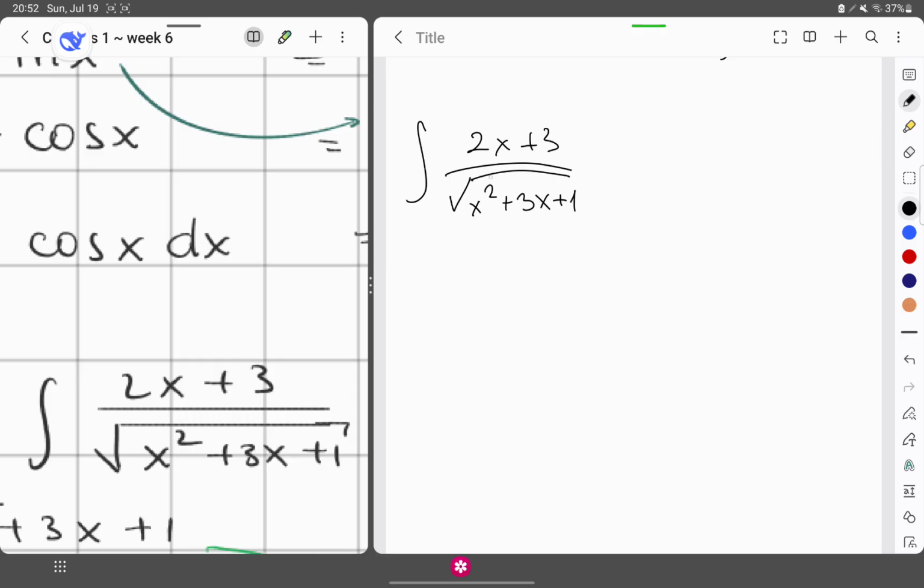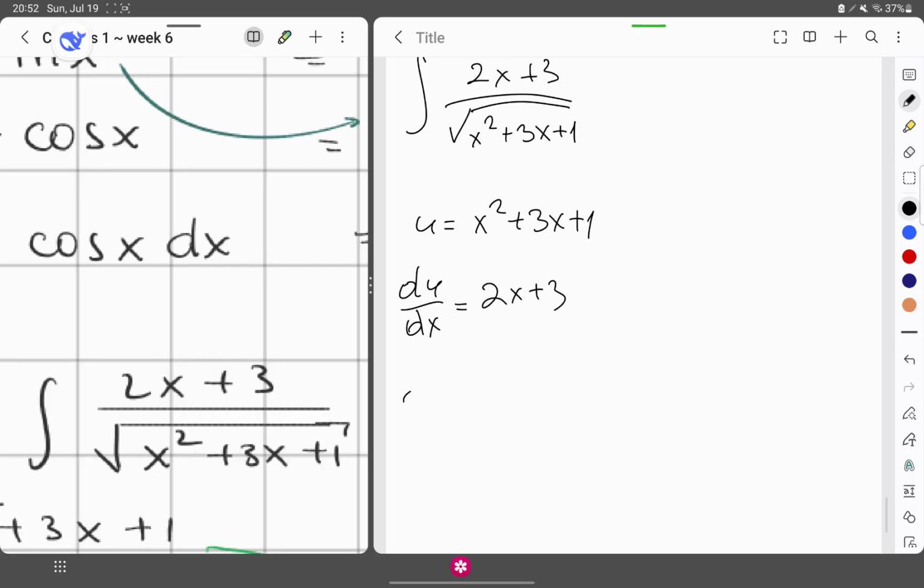So u will be x squared plus 3x plus 1, and du over dx, the derivative of this, will be 2x plus 3, so du will be 2x plus 3 dx.